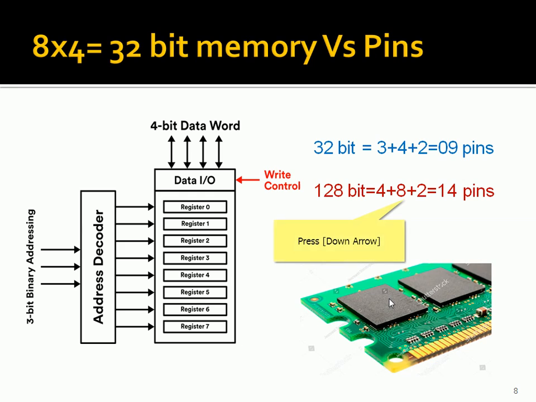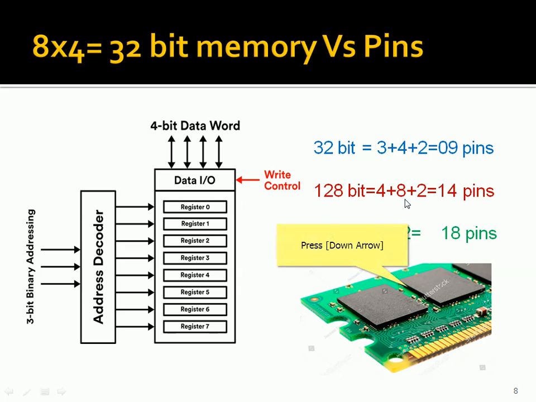Similarly, in the earlier discussion of 128 bit, there were 4 address lines and 8 data lines, and 2 pins for ground and power supply. So altogether 14 pins will be there, right? So 14 pins are essential to organize that 128 bit. Similarly, 1 kilobyte of memory we will discuss in the next slide.